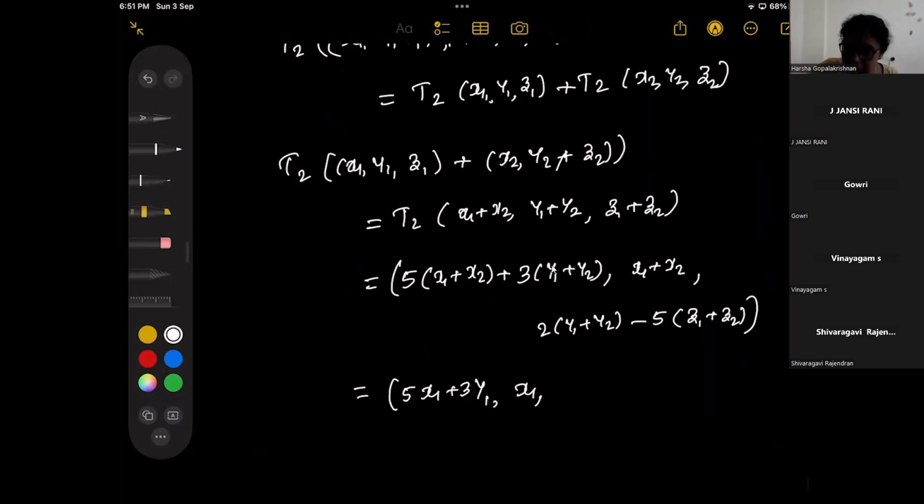From second I am taking x1 and 2y1 minus 5z1. And the remaining term I am taking to the second: 5x2 plus 3y2. And here x1 we have given here, so x2. And here remaining is 2y2 minus 5z2.